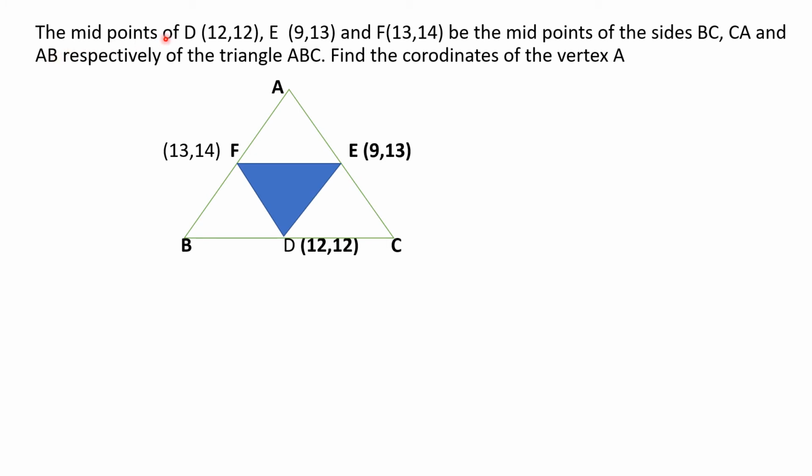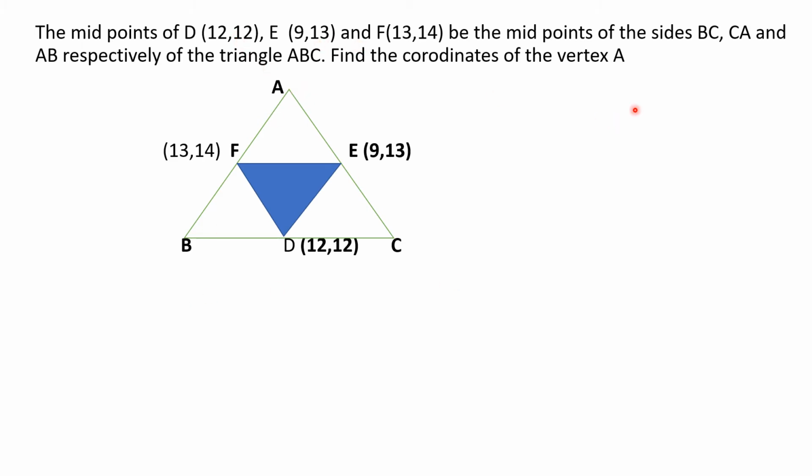The midpoints D (12, 12), E (9, 13) and F (13, 14) are the midpoints of the sides BC, CA and AB respectively of a triangle ABC. Find the coordinates of the vertex A. ABC is a triangle.